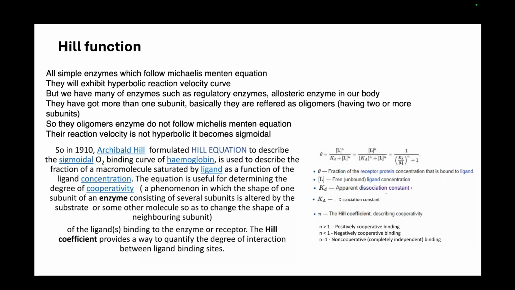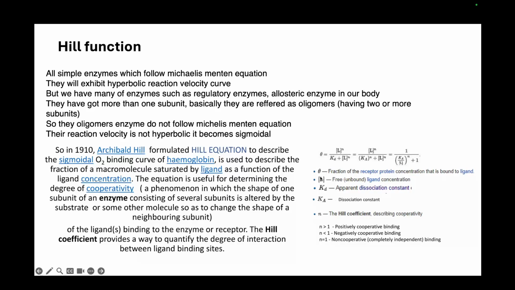Say for example, a protein is getting translated, a gene is getting transcribed. These kinds of reactions will have multi-unit enzymes or oligomers associated with them, which will not follow the Michaelis-Menten equation. So this Hill equation provides an alternative for these kinds of macromolecules saturated by a ligand as a function of ligand concentration.